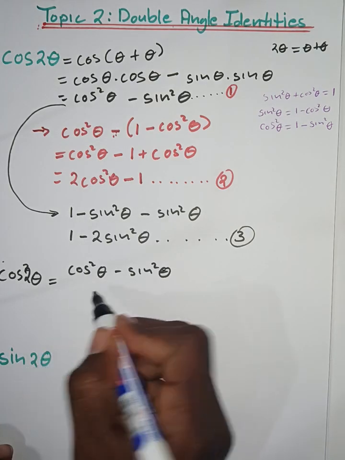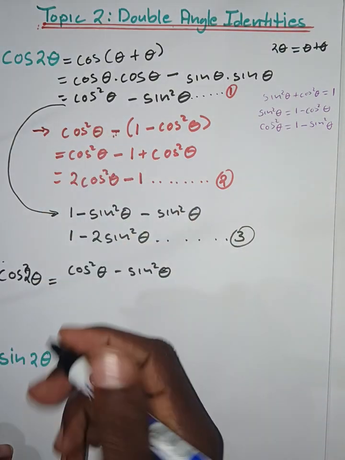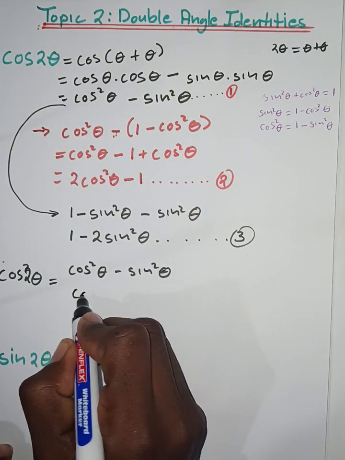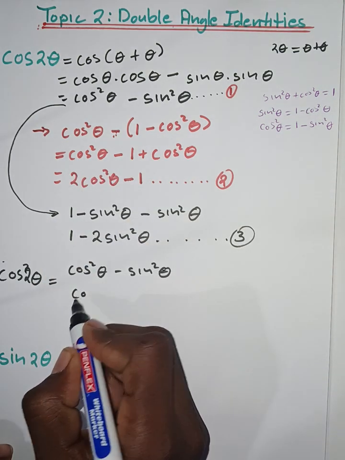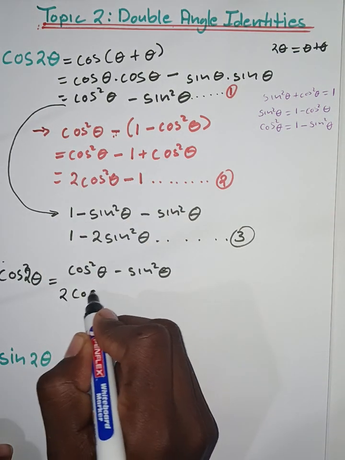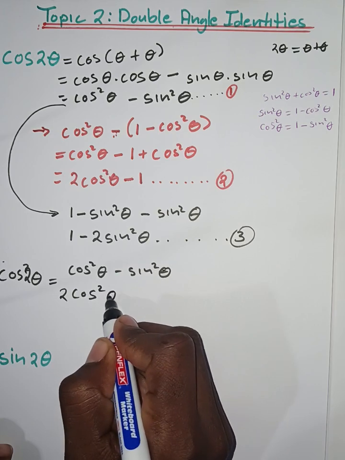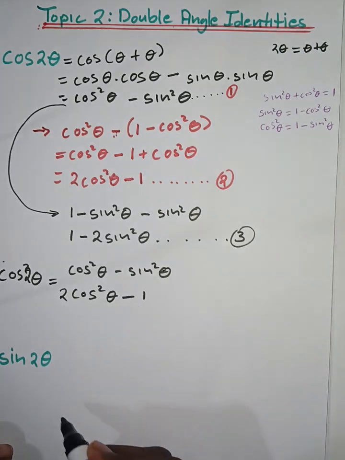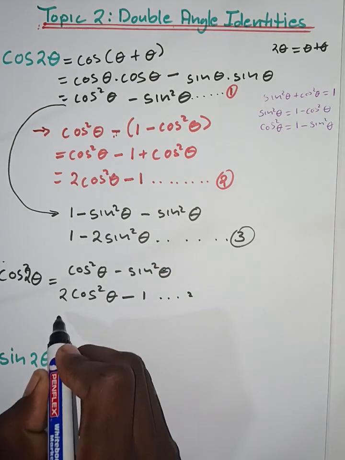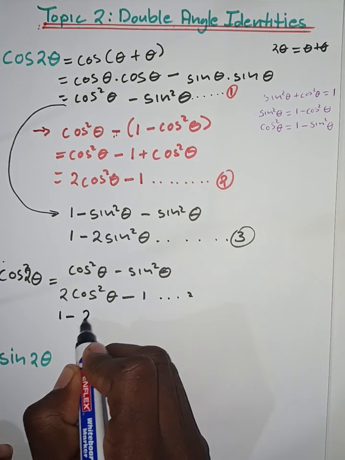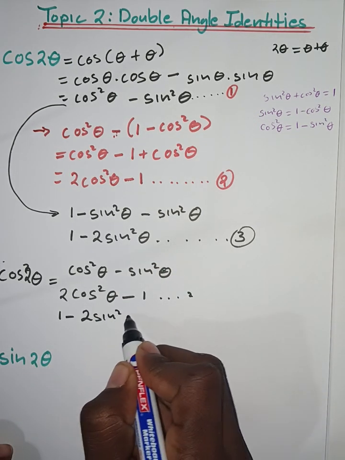But also the other version, the second one, which is 2 cos squared theta minus 1. And then the third one would be 1 minus 2 sine squared of theta.